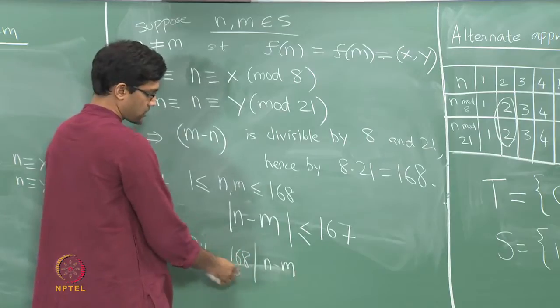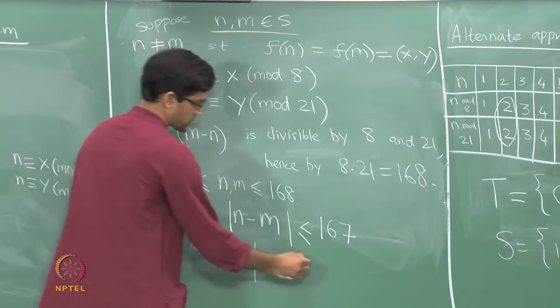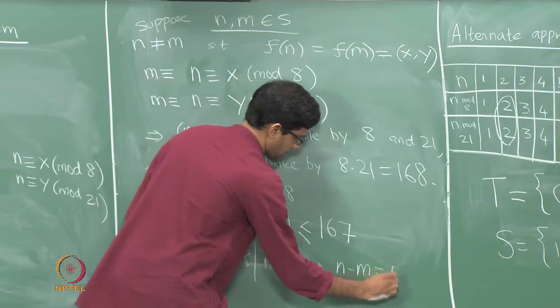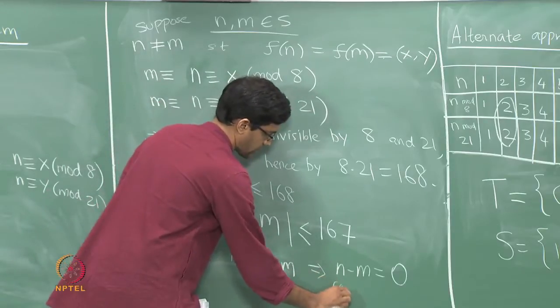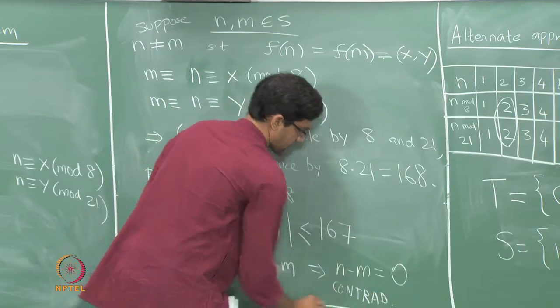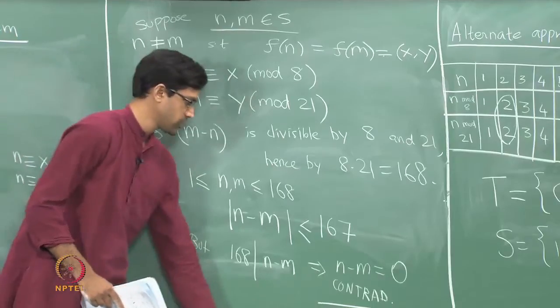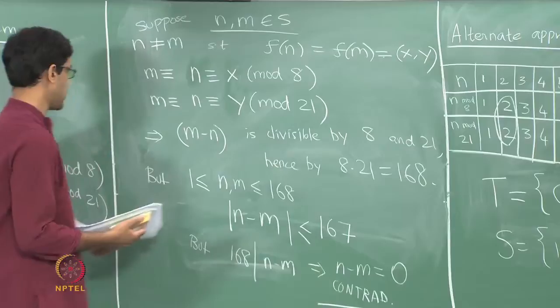So the only multiple of 168 that lies in this range between minus 167 and plus 167 is the multiple 0. So this just means n minus m had better be 0, but that's a contradiction because we assumed that n is not equal to m. Okay, so what this implies is that f is in fact a one-to-one function, or in other words, this code is a faithful code.